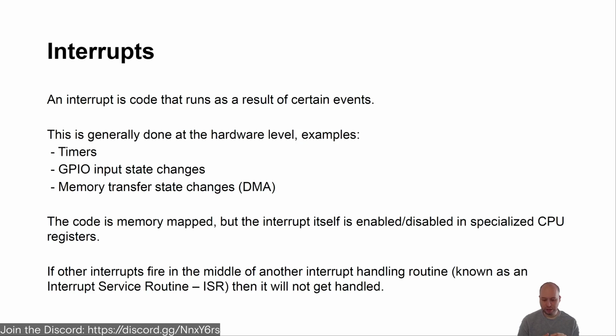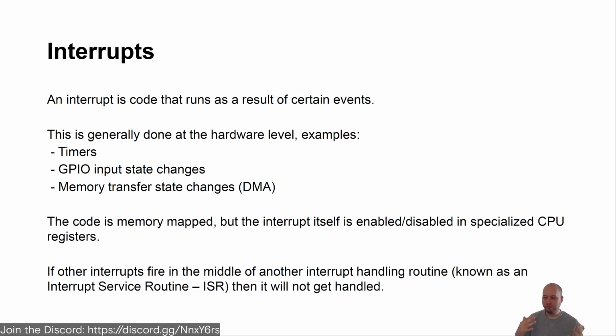So talking a little bit more at the hardware level of what an interrupt is. An interrupt is actually code that runs as a result of a certain event, and this is usually a hardware level event. An example of this is a timer or what's called a GPIO, or general purpose input-output state change. So say you have a pin into your CPU, right? CPUs have inputs and outputs. Say that changes from 0 to 1, and then that will trigger an interrupt.